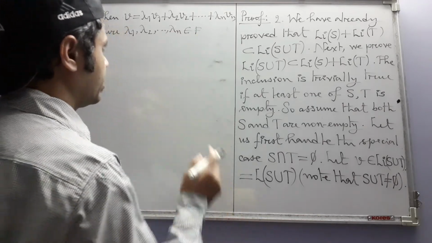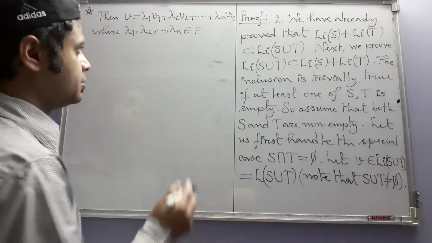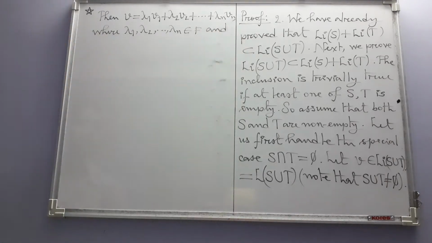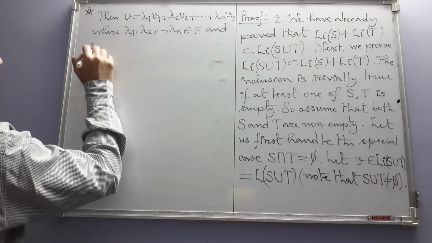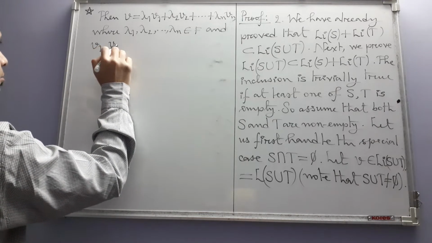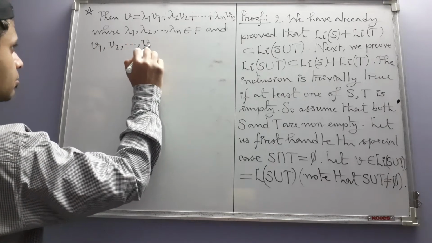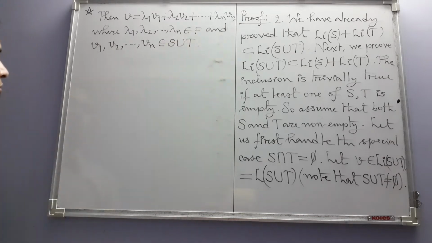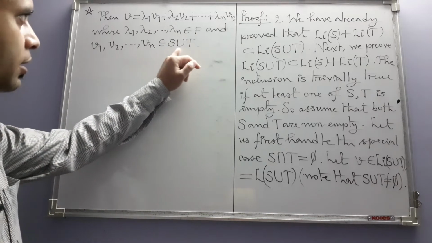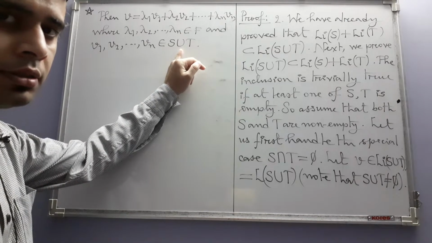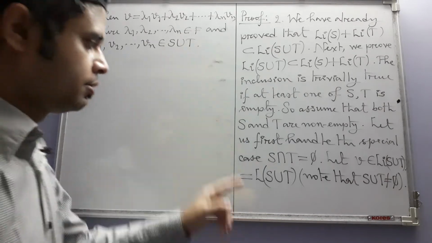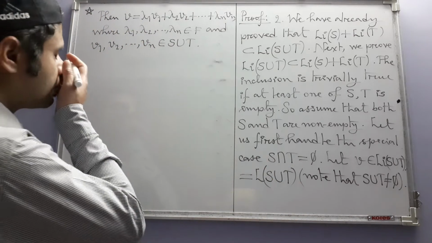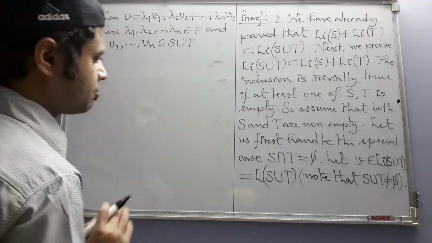F is always the underlying field when only one field is involved, that is understood, and the vectors are coming from S union T. So each vector can either be in S or T, but not both. That is because S and T are disjoint. So a few cases will now arise.